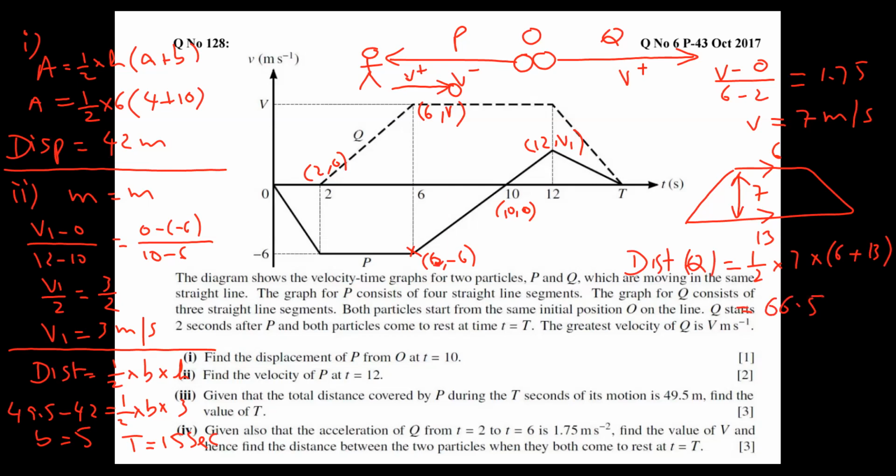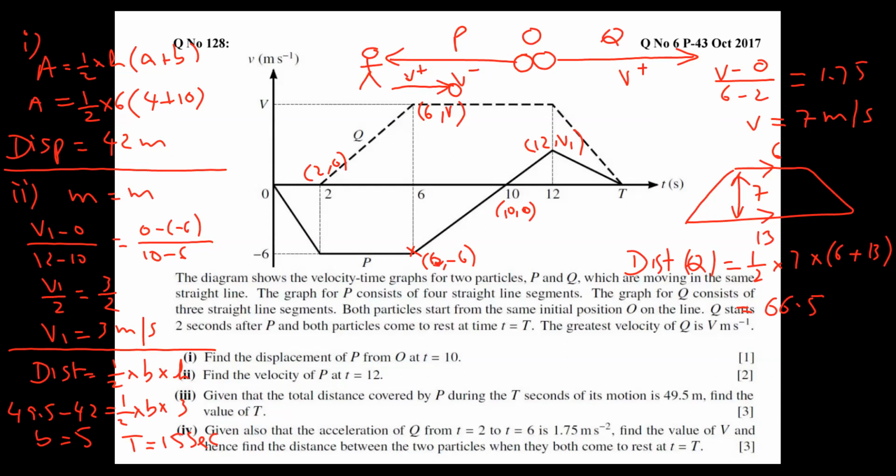When I talk about 66.5, you can see this. After this, the distance by P is confirmed. I got it. Now I'm going for P, which I have already, because if you look carefully, P first travels backwards, and this distance we know is 42.